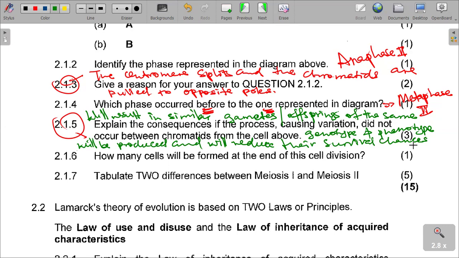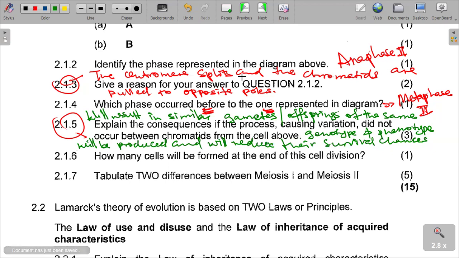If there is no process of promoting variation, the gametes produced will be similar, and at the same time will produce offspring that are the same, which eventually reduces their survival chances.